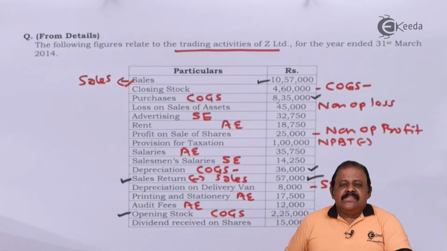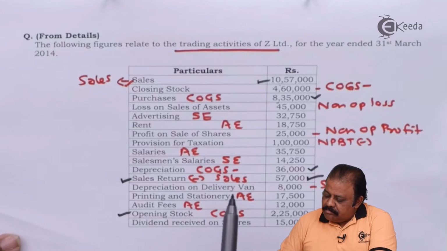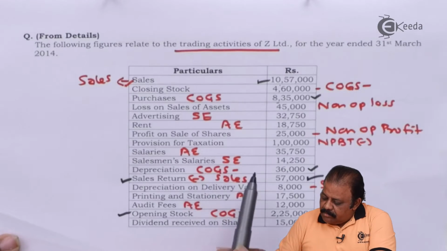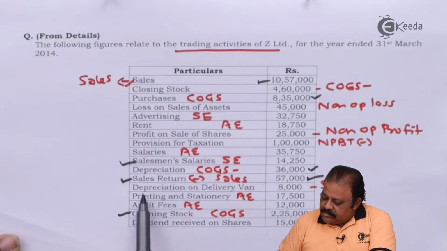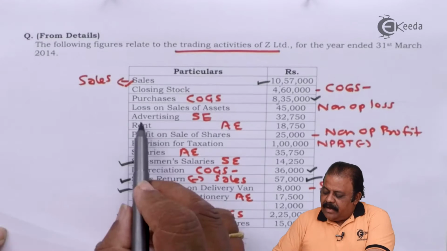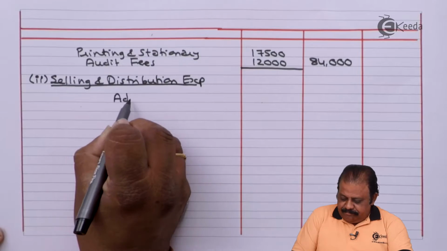Next we have selling and distribution expenses. Here we consider salesman salaries, depreciation on delivery van, and advertising.